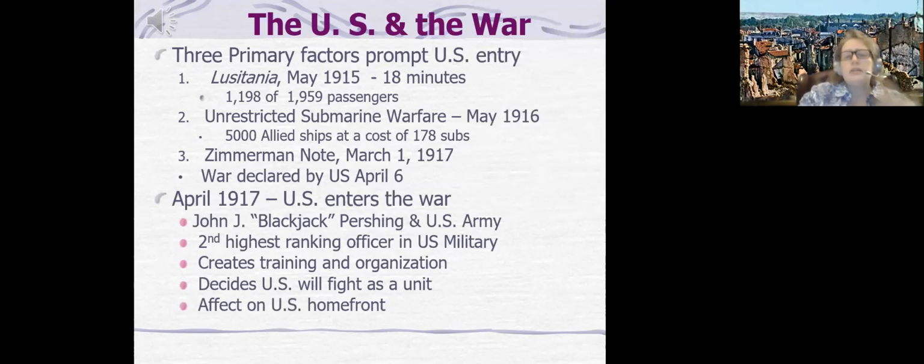Now, this has an interesting effect on the U.S. home front. We're not going to be as affected as the French, who are going to have their countryside ripped up, or the Belgians, or the Germans, who are going to suffer horribly in this war, or the British, who are going to be tuned into the war effort and are going to have women who are making great sacrifices at home.